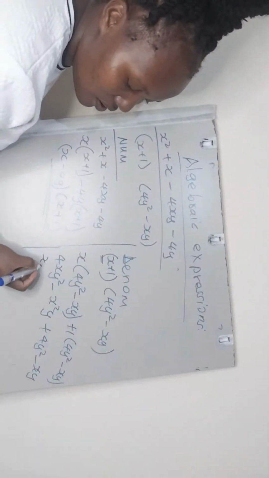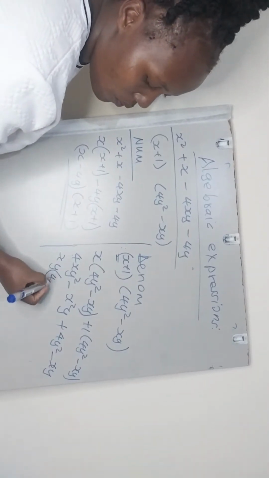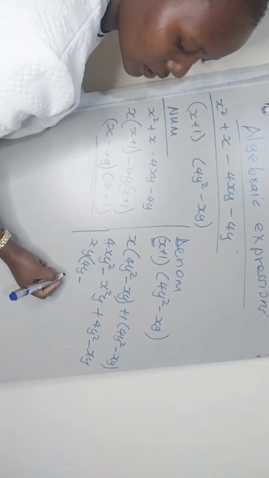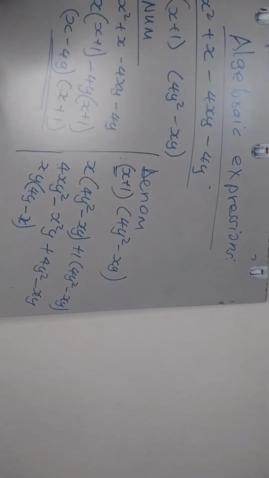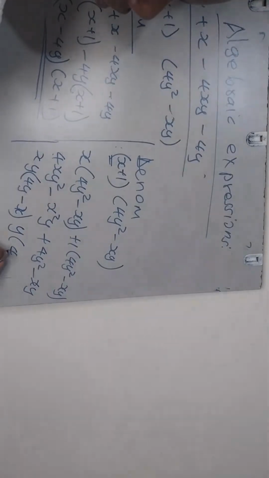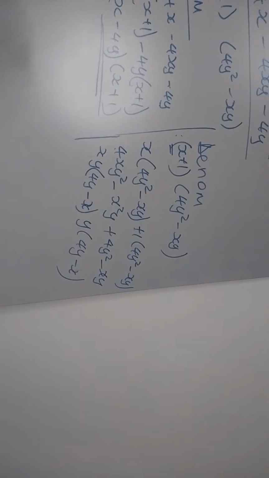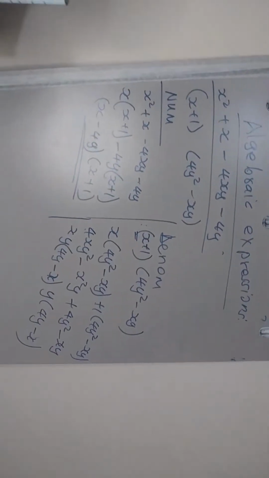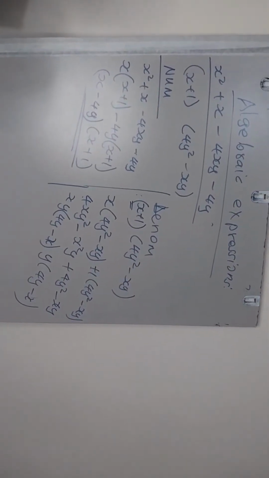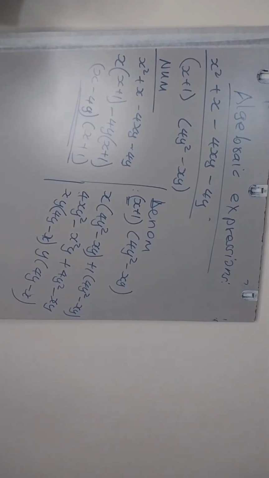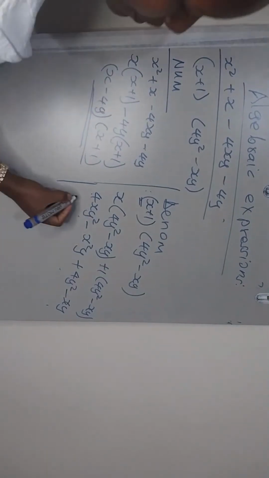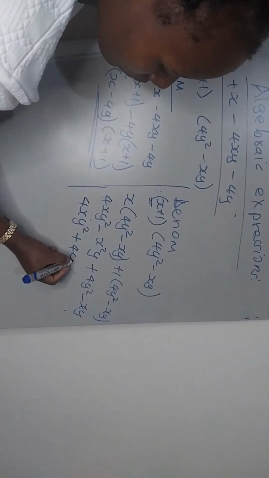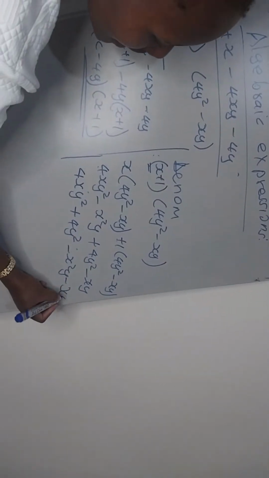Sorry, let me regroup this so the 4's exist on the same side: 4xy squared plus 4y squared minus x squared y minus xy.